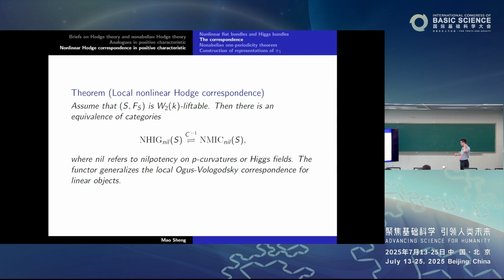Now here again, you have smooth morphisms, you have nilpotent Higgs fields, then you obtain another smooth morphism with connections, but the p-curvature is nilpotent.